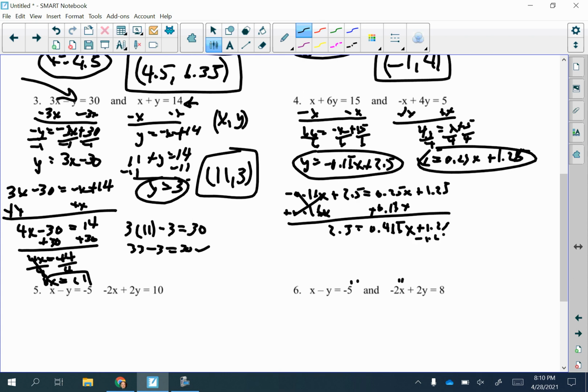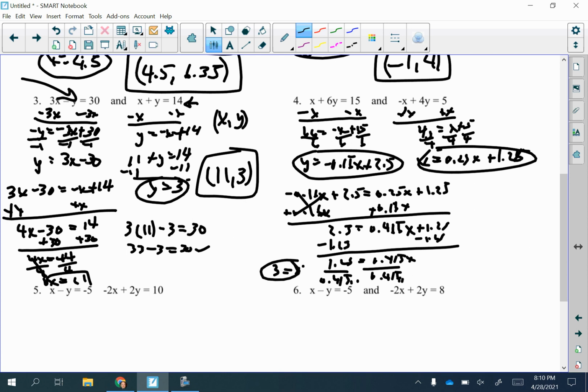So we're still subtracting. So I still get 1.25. But now, when I divide by 0.416 repeating, 1.25 divided by 0.41 and a bunch of 6's, you get 3. So x is going to equal 3.